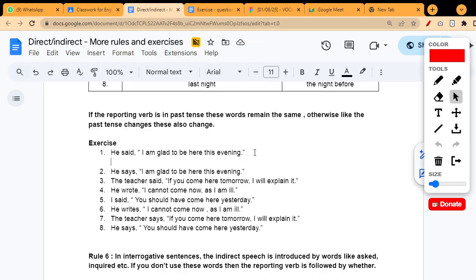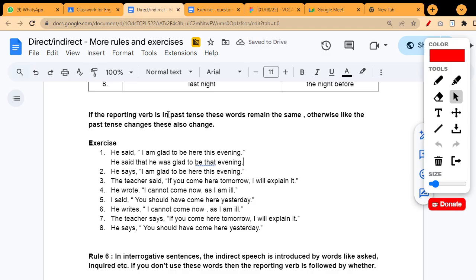So he said, I am glad to be here this evening. So he said that I am glad. So am will get converted to was glad to be. Instead of this, we'll say that evening. Okay? So I think I've made a mistake in the reporting.